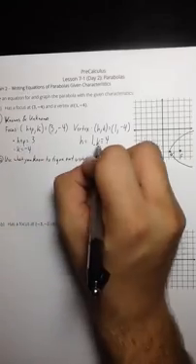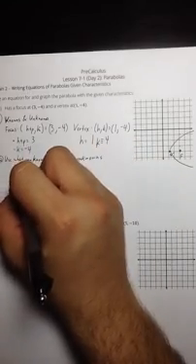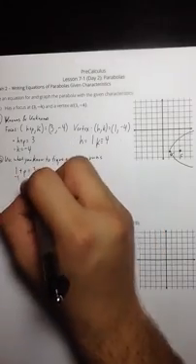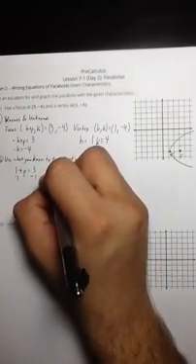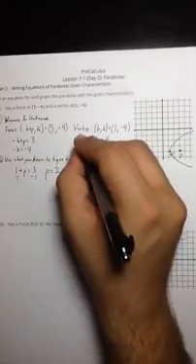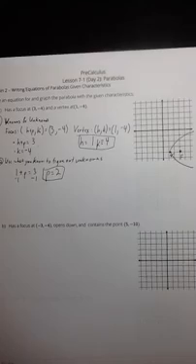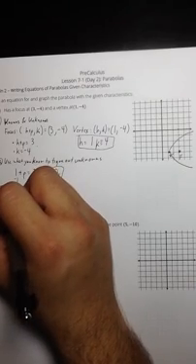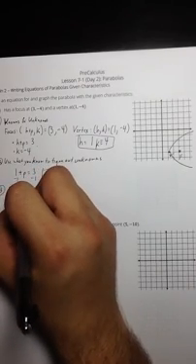So h is 1, and 1 plus p is equal to 3. Subtract 1 from both sides, and we get that p is equal to 2. Now we have all the pieces of information we need to make our equation.